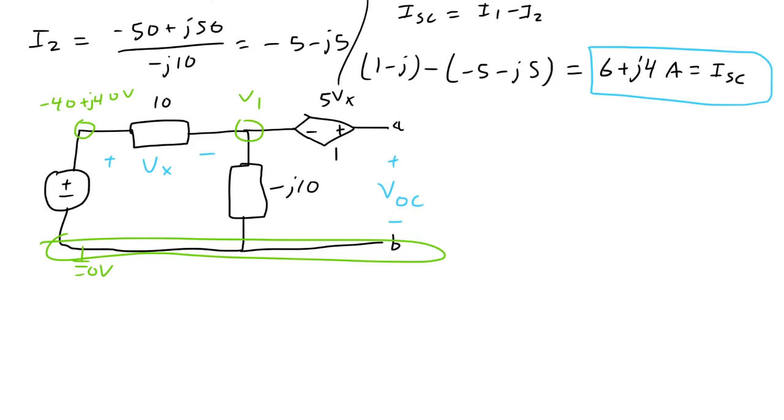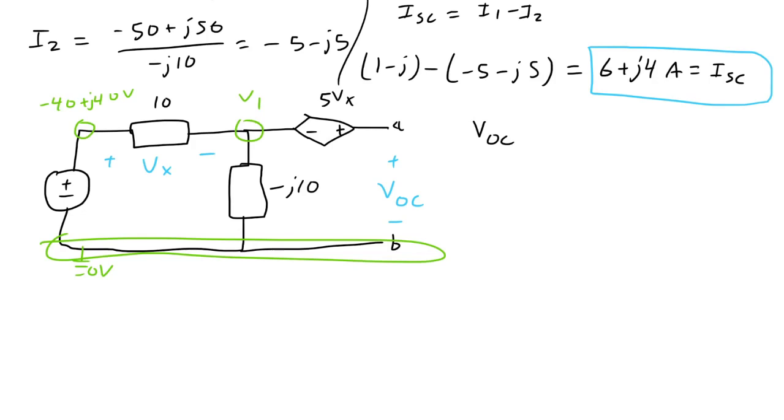But this is actually supplying power to the circuit, or maybe it's dissipating power. But it's basically not a passive component. It changes how it behaves. So we can't use the voltage divider to find out this voltage right here. We've got to do a little bit of math.